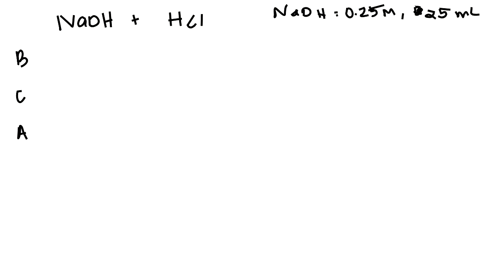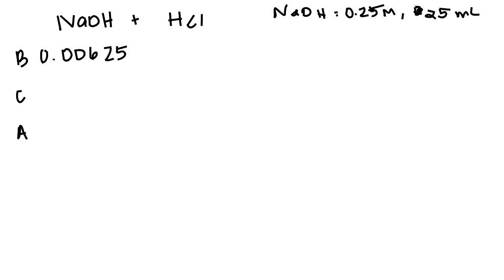So we can find our moles, and you should end up with 6.25 times 10 to the negative third, or you could write it as 0.00625. Either way.